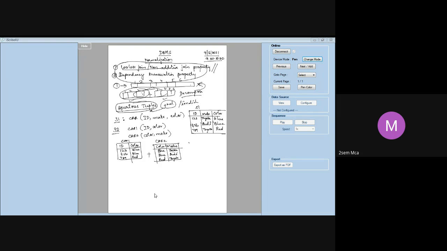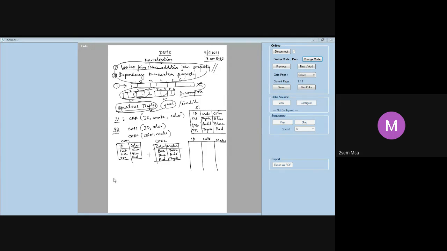Now, if I try to join them using color, what are the values that we will get? Let us try to put that down. Okay, so I am going to get ID, color, and then I am going to have this make. So these are the three attributes that I am going to get again.